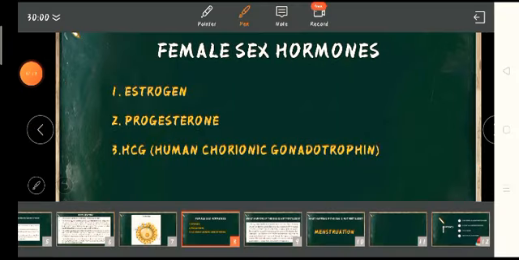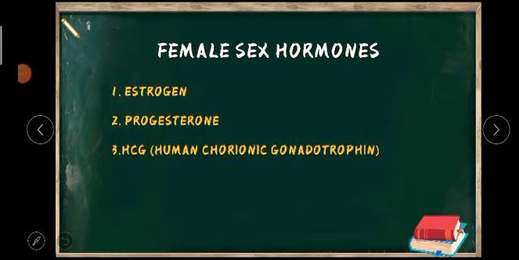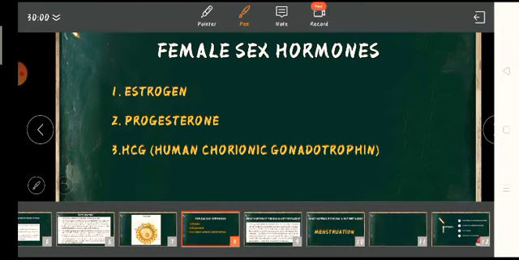So all these things, including menstruation, the release of the ovum from the ovary, and the birth of a child, are controlled by different types of hormones that we have already discussed in our earlier classes, because hormones are the main important army that plays a role in any kind of process.